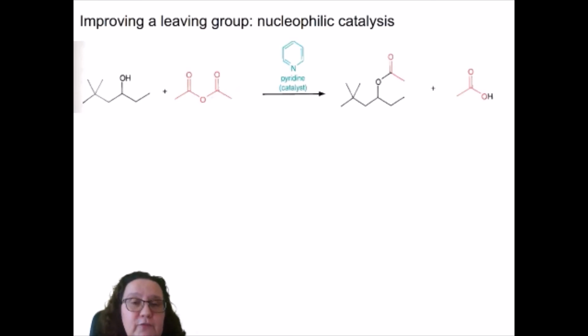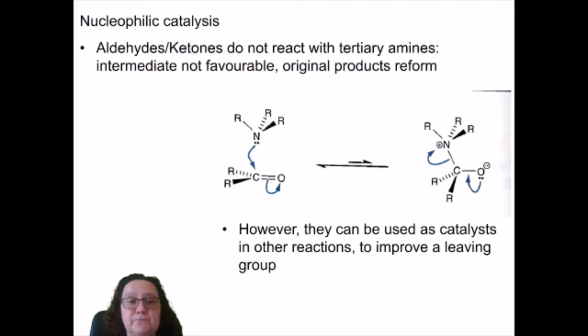And in that video, I specifically said that that didn't mean that it was a wasted reaction, but that it could be used. Tertiary amines can be used as very effective catalysts, and this is something called nucleophilic catalysis. And in this case, they are used to improve a leaving group to facilitate a reaction.